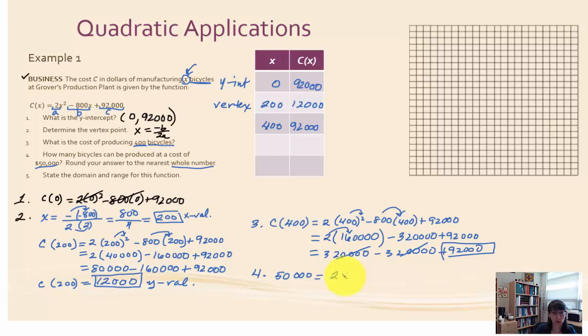And that function is 2x squared minus 800x plus the 92,000. So we have a quadratic equation. It is not in standard form. We'll need to subtract 50,000 from each side. So now 0 equals 2x squared minus 800x plus 42,000.